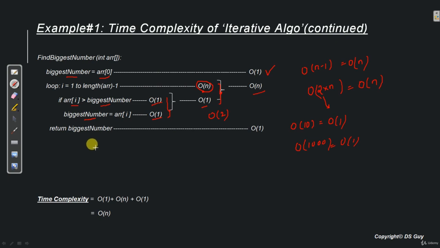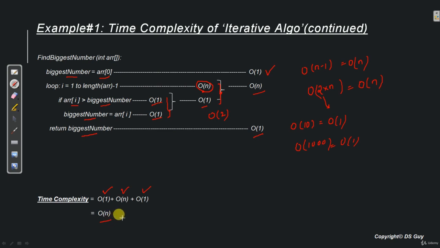Now the final statement is returning the value in the biggest number variable. That is a constant time operation. If we add up all of this, what we get is order of 1 plus order of n plus order of 1. So this comes to order of n.